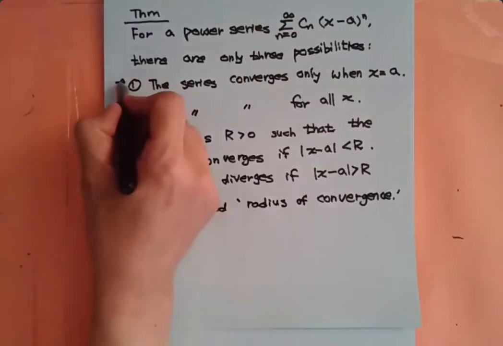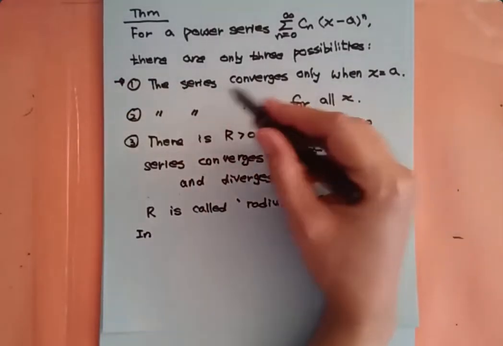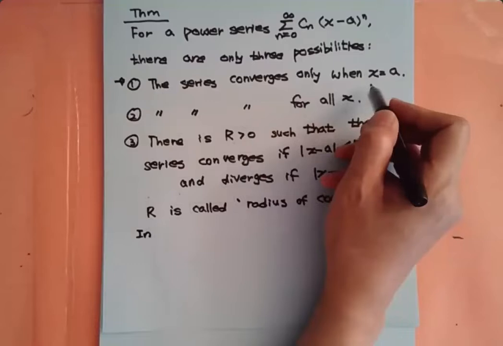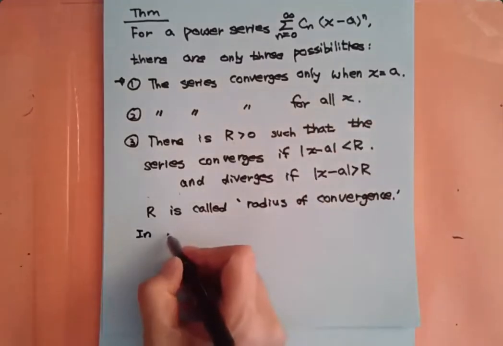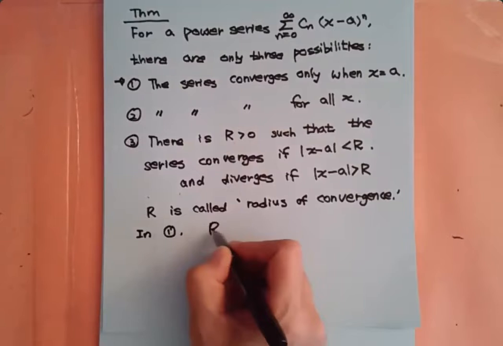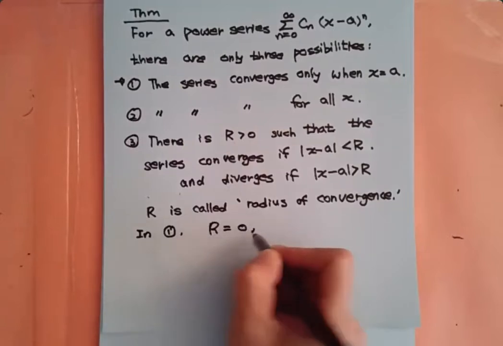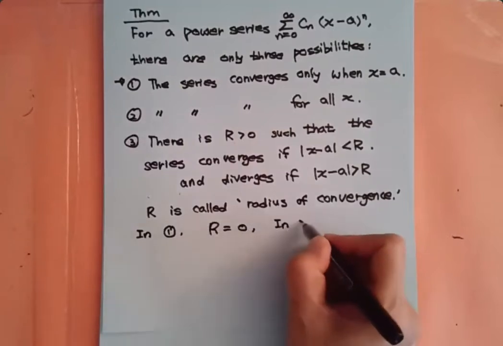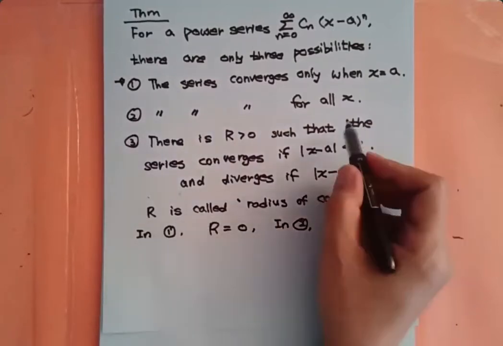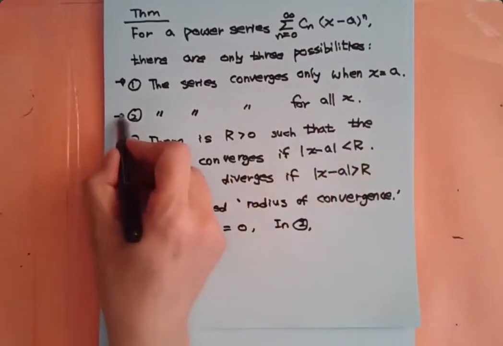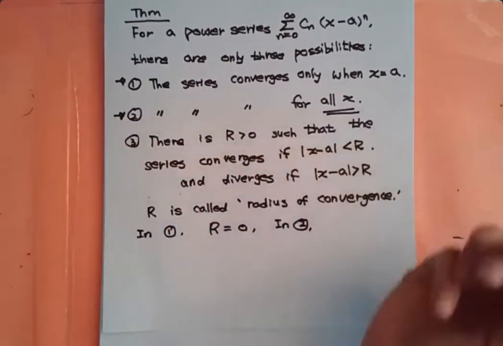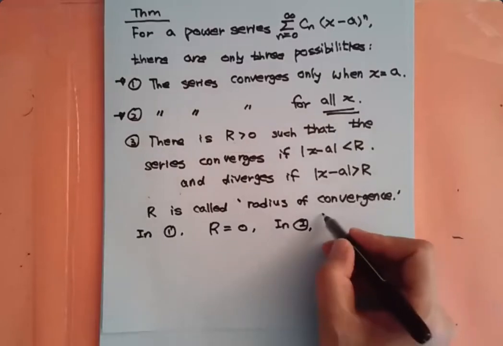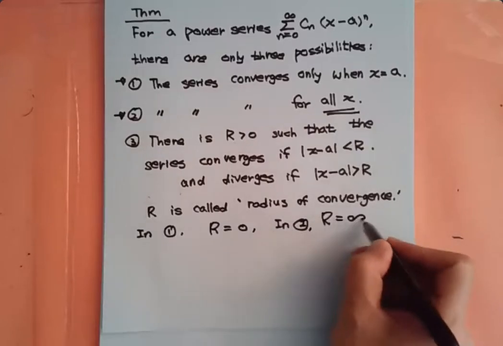In the first case, when the series converges only when x equals a, the radius of convergence is 0. And in the second case, the series converges for all x, so we can say that R is infinity.